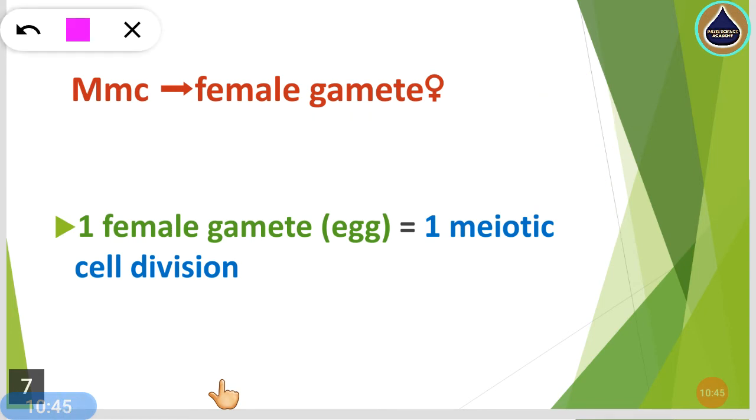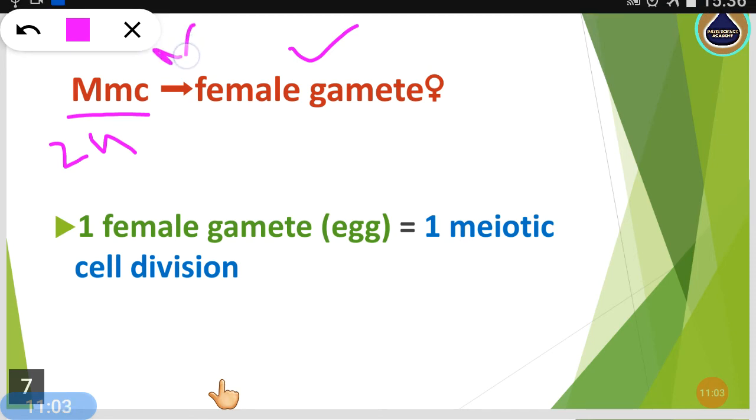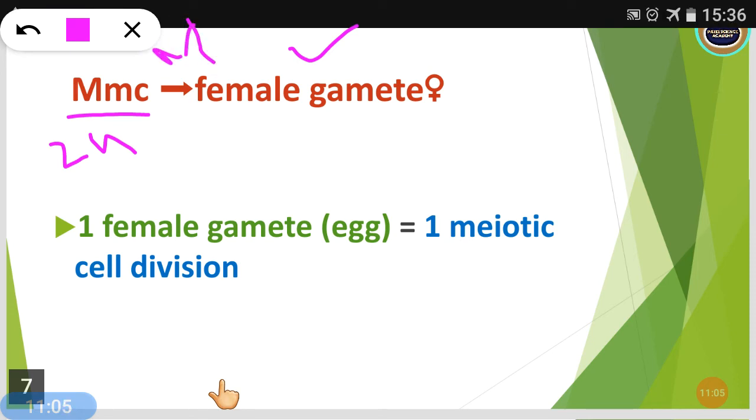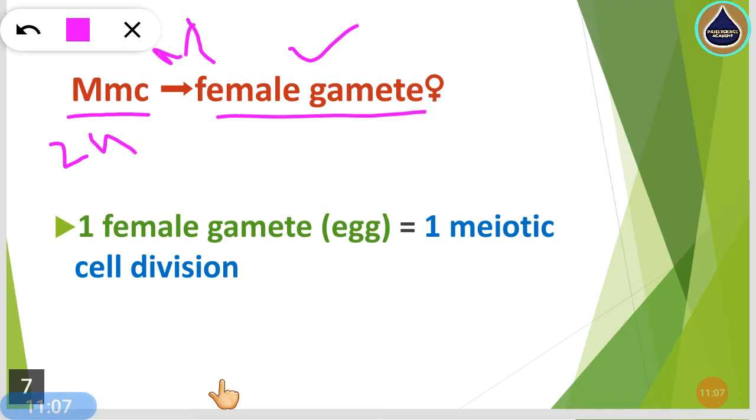Now we'll see this MMC, megaspore mother cell. It is 2n or diploid in number, and it is needed for the formation of the female gamete. So this MMC, megaspore mother cell, by the process of meiosis type of cell division, converts into the female gamete.